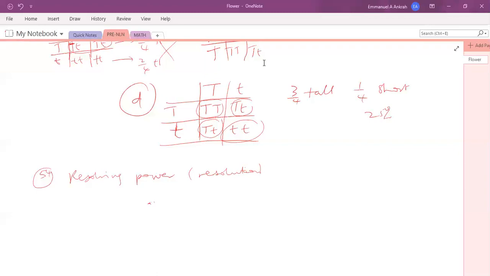So which example is this? So red flowers, white flowers, producing offspring that have pink flowers.